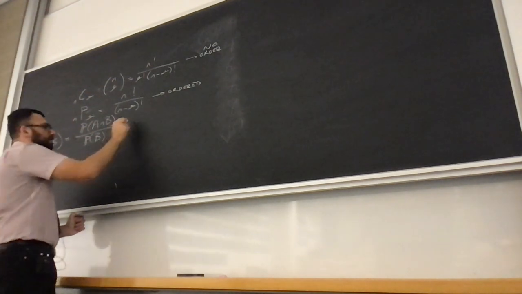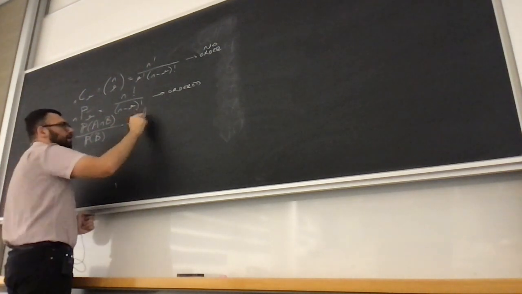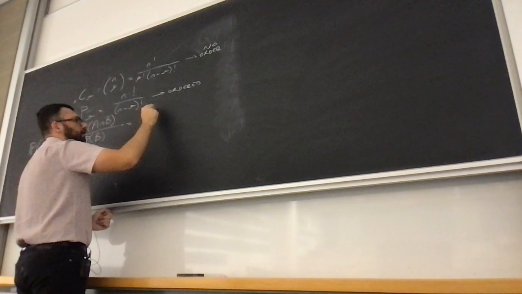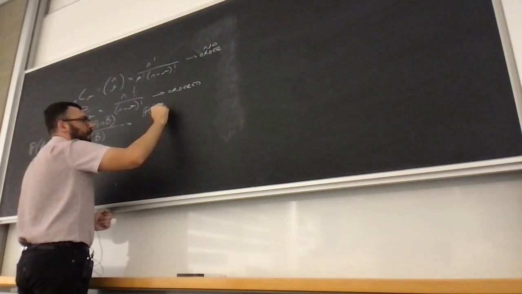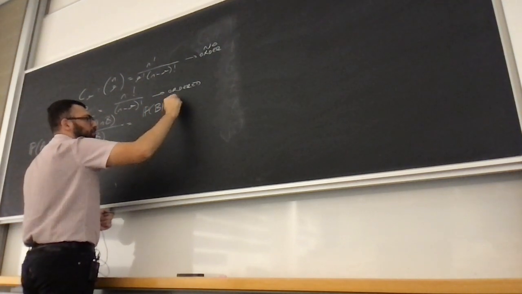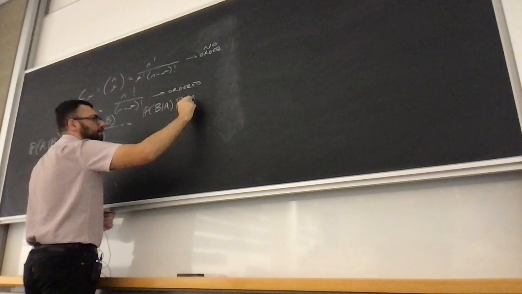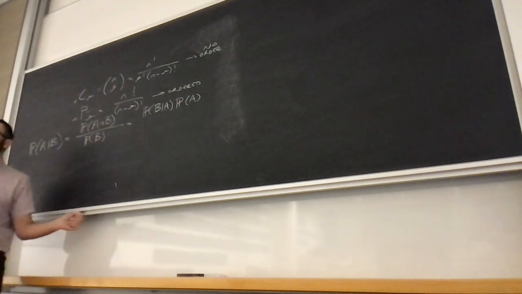Now, what I'll do is I'll write that probability of A given B as the probability of B given A times probability of A. You agree I can write the top like that?